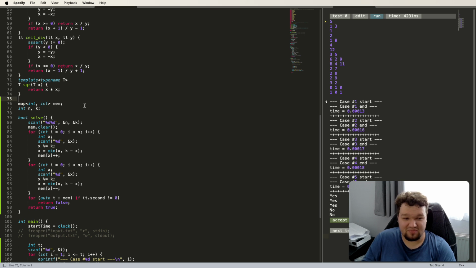For an unordered map, it's constant on average and normally it's fine, but you can build anti-hash tests where an unordered map will blow up the complexity and become linear in every operation. And also the built-in C++ unordered map is not that fast, it has a bad constant factor.